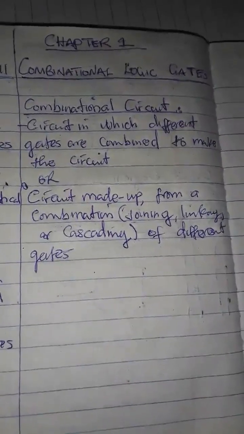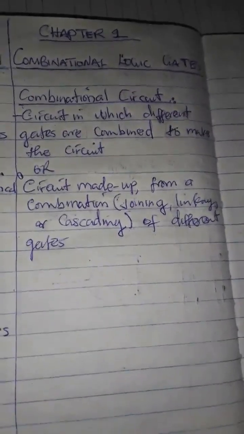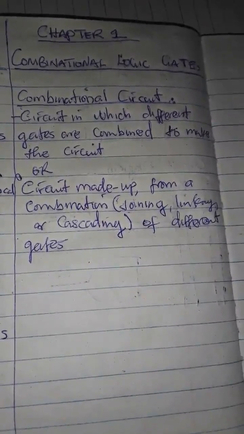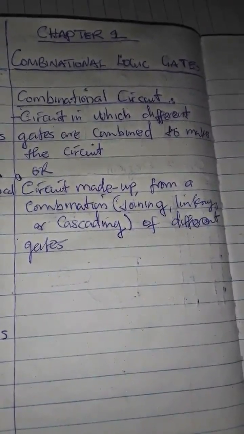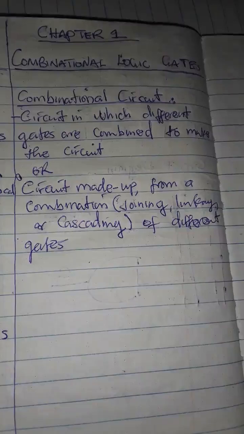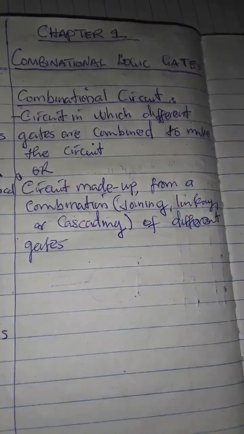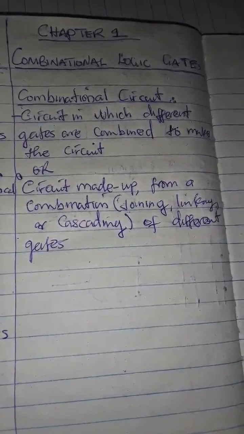So that's what a combinational circuit is. Whenever you get different gates and you cascade them, join them, link them, or combine them, the circuit that you come up with is called a combinational circuit.